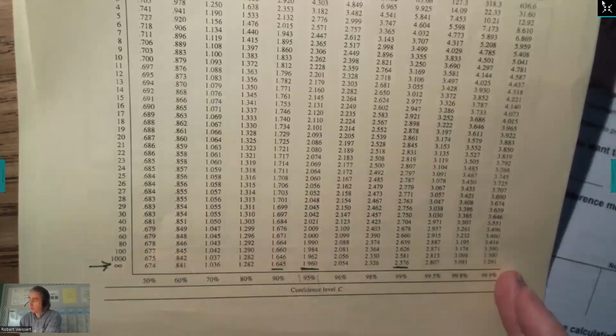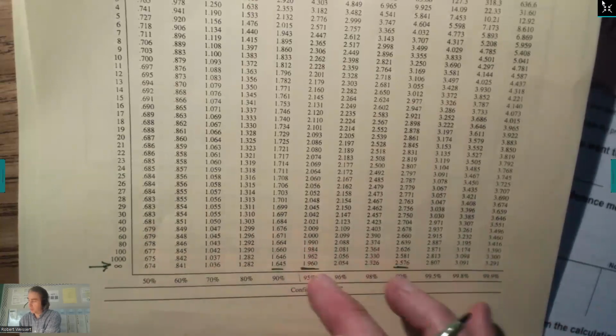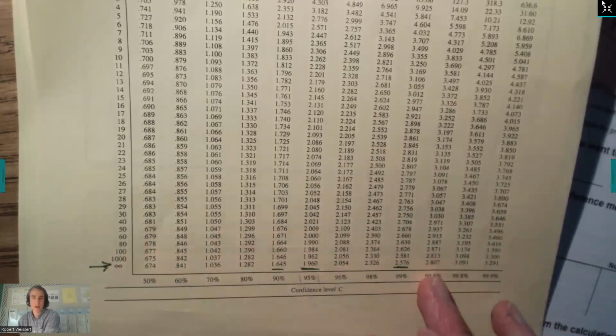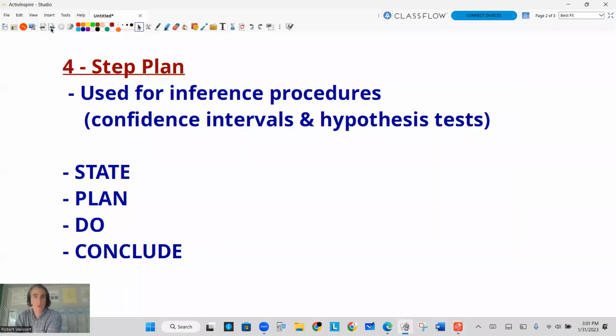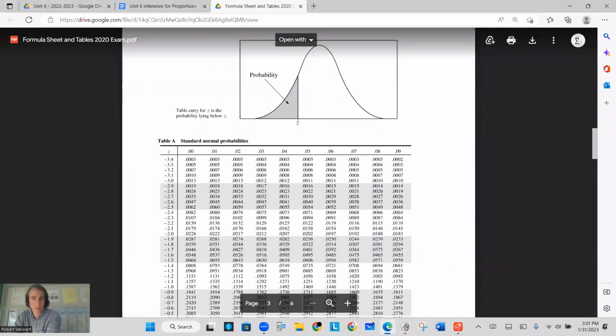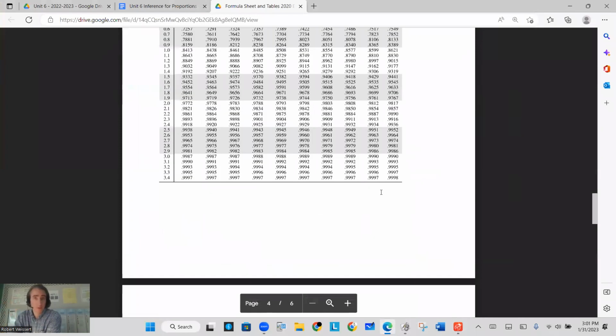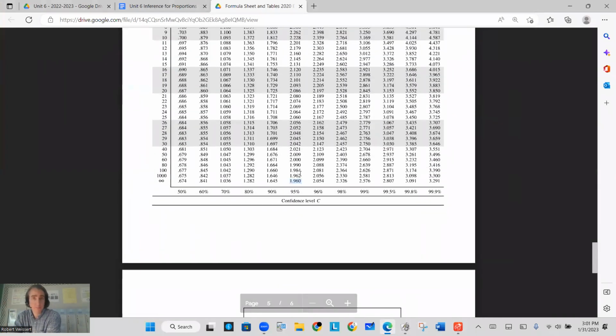But most of the common ones, I would say almost always, the confidence level you're going to be working with is going to be right here on that bottom row. So you can kind of just look at that. If you go to your AP Stats formula sheet, on the document here that you can just Google, it will be the fifth page here. So it'll be right down there, 1.96.